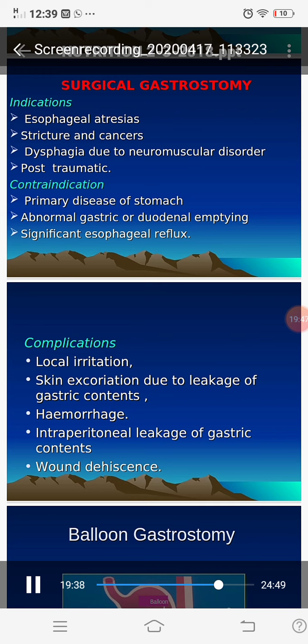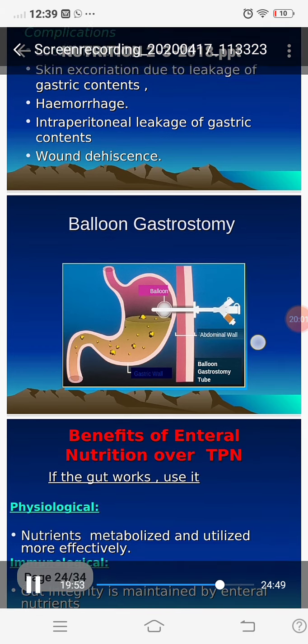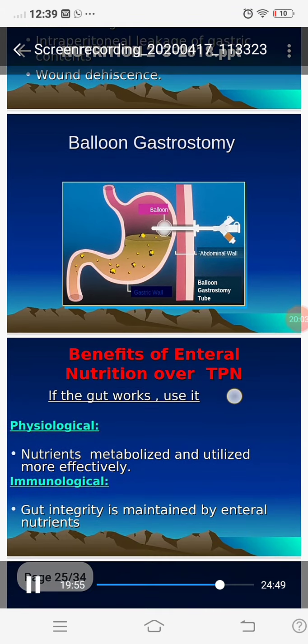How will we perform percutaneous endoscopic gastrostomy? Actually, this is mostly done by the gastroenterologist by passing endoscope inside the stomach and wide bore cannula is passed with a balloon at the tip of that cannula inside the stomach, as shown in the diagram. Clear?